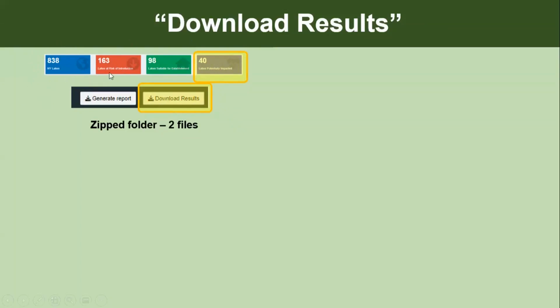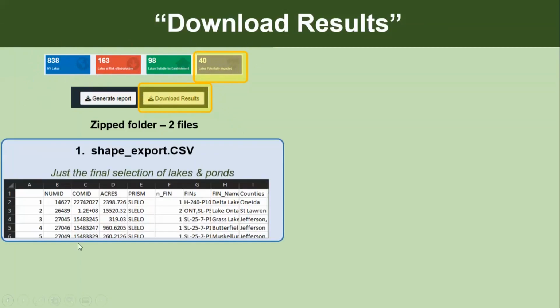But if you've gone through the model and you get to your lakes potentially impacted at the end, then you click the download results, you'll get the zipped folder with the 2 files that Jen showed. And Jen mentioned the CSV, which has a list. So in the case of this example, it would be 40 different water bodies, so 40 different rows, and then a bunch of columns for all the different fields.